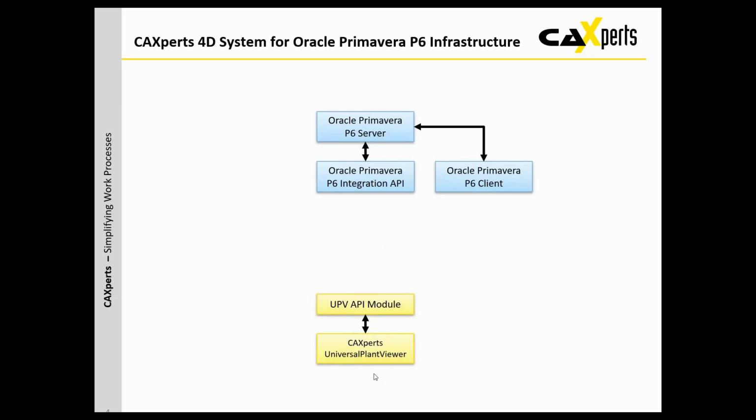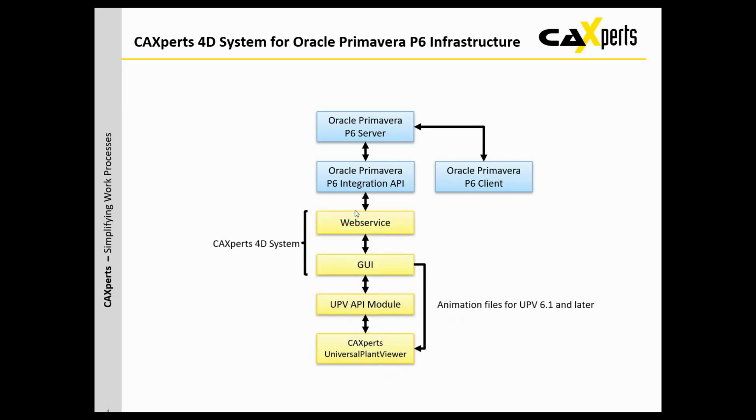Then from CI Experts, you would have CI Experts UniversalPlantViewer and the API module. And the 4D system fits in between P6 and the API module. We are running a web service and the graphical front end of the 4D system. And from there, we can create the animation files for UPV 6.1 and the newer versions of UPV.